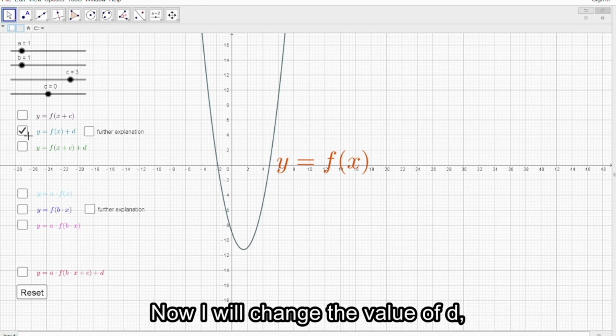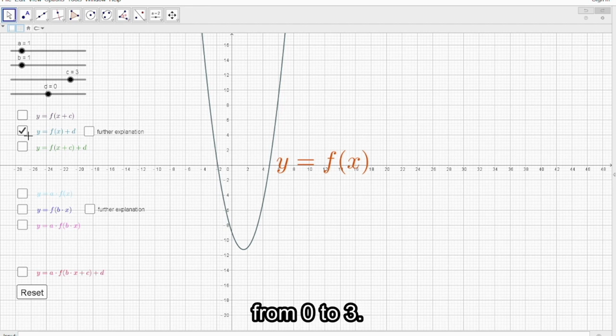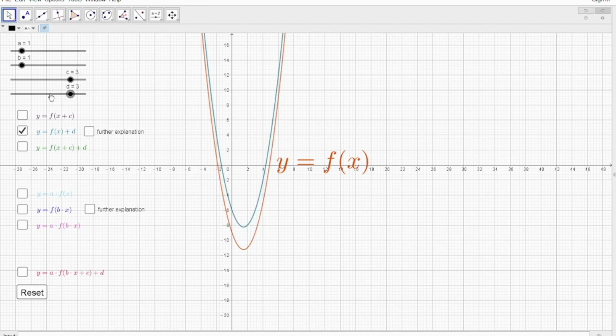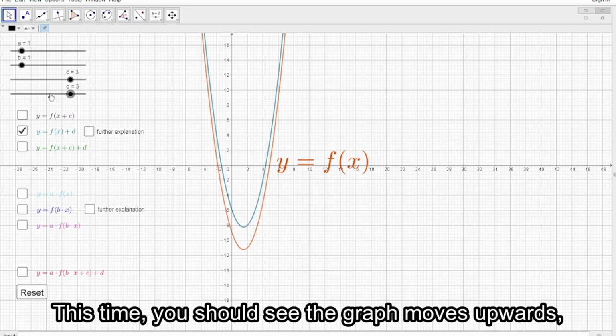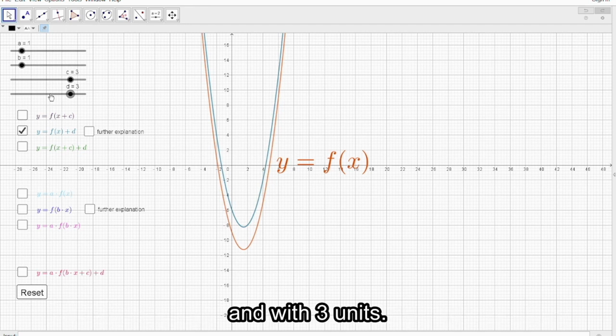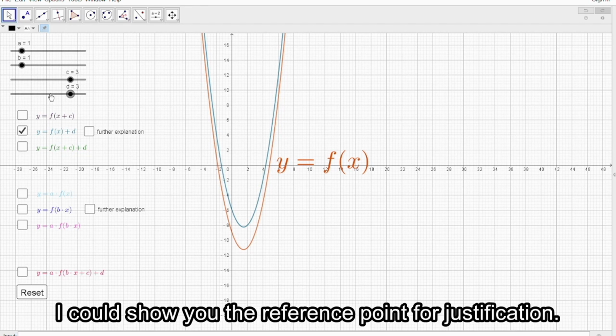Now, I will change the value of d from 0 to 3. This time, you should see the graph moves upwards by 3 units. I could show you the reference point for justification.